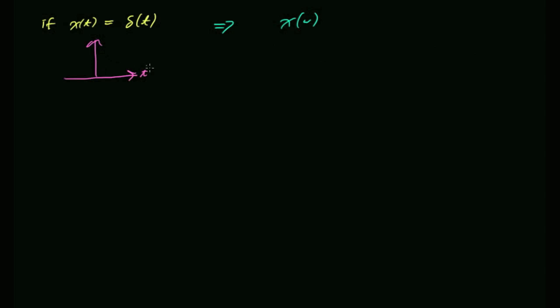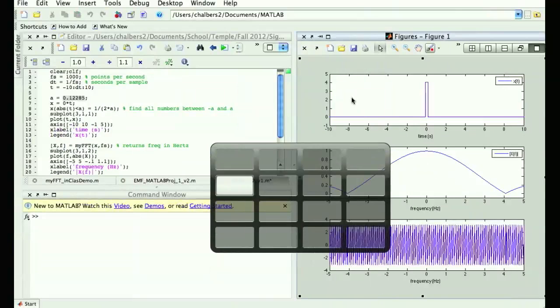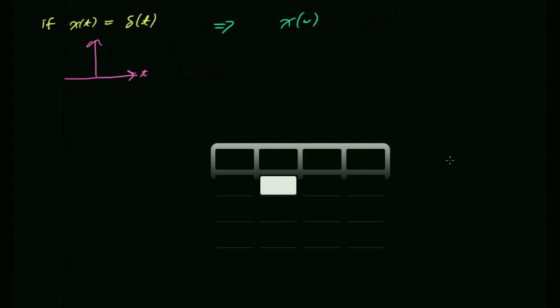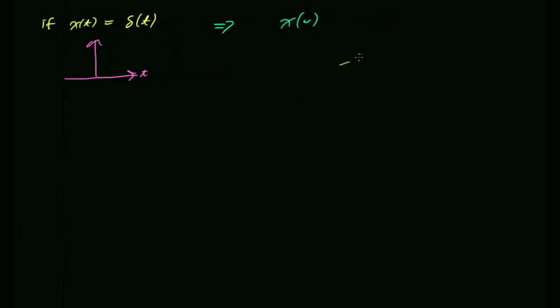If this kept getting broader and broader, we kept stretching it and stretching it, it would stretch so much that it would basically be a constant. And there you go.